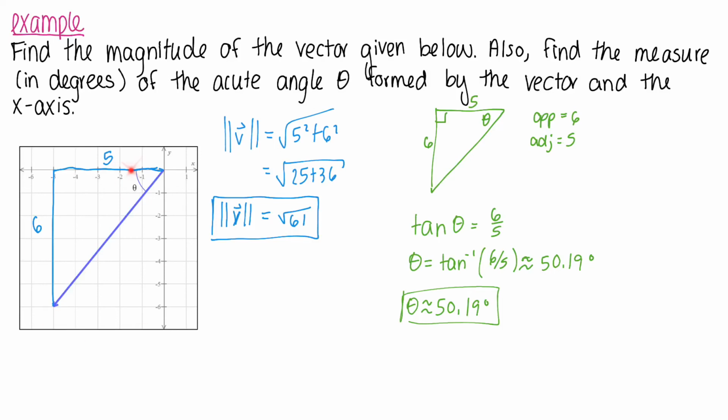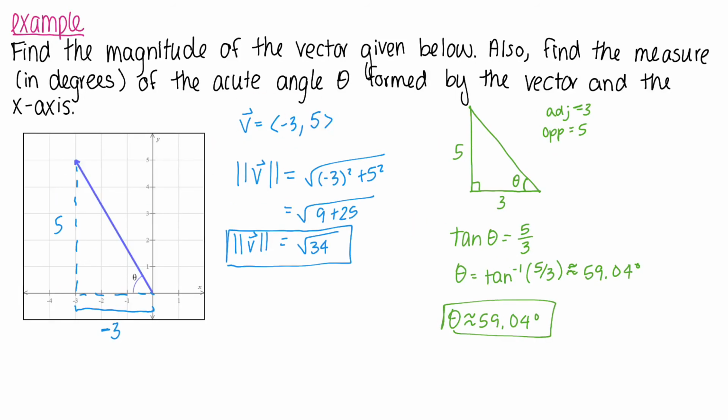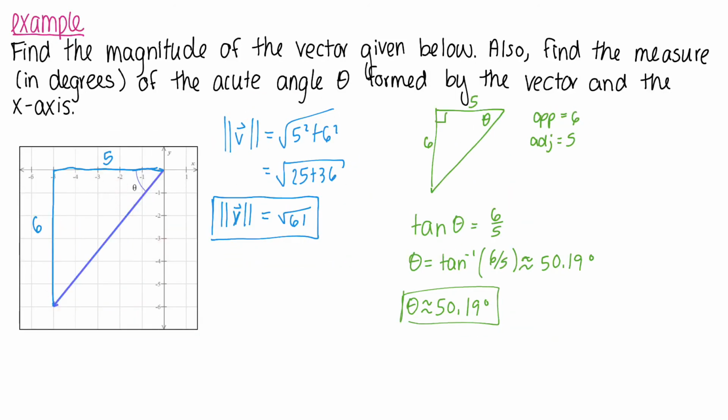And maybe since I'm looking at this vector right here, and because I did it with this guy over here, let's write what this vector would be in its component form. For the horizontal component, it moved to the left, which means it should be negative. And then it went down as well, so the vertical component should be negative as well. It didn't ask for that on this problem, but it's fun to write it down.